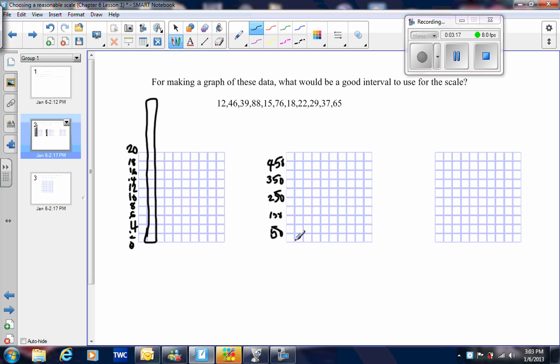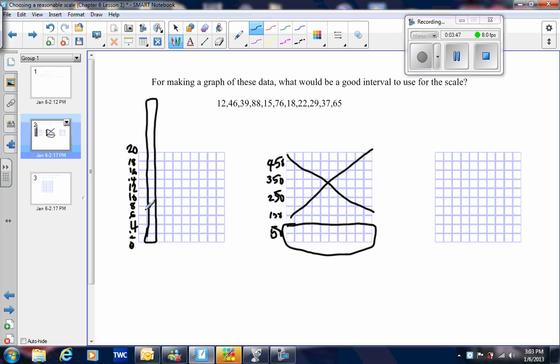With this one, all of my data would end up being right in here. All of my bars, if I was making a bar graph, all of my dots, if I was making a line graph, would end up being here, and all of this would be wasted. There would be no space. All this space up here would be wasted. There would be no bars in here, no dots in here. And so that's no good either.